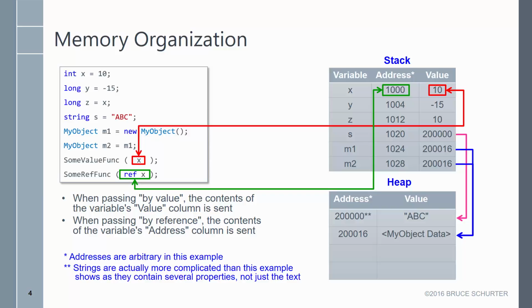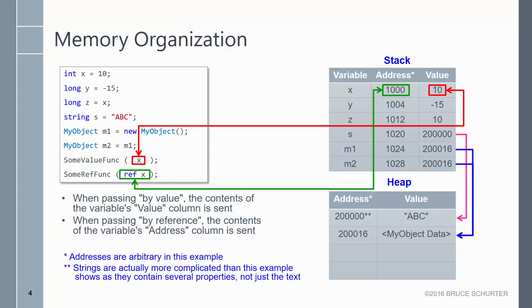Now, what happens when we pass reference variables by ref? Well, remember, if we pass a reference by value, we're simply passing whatever's in the value column. It doesn't matter if it's a reference type or a value type. Whenever you pass something by value, you simply pass whatever's in the stack's value column.